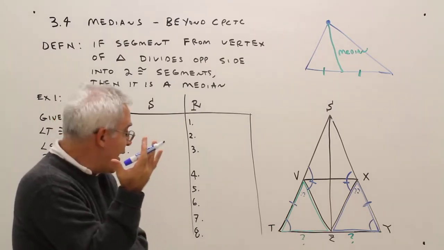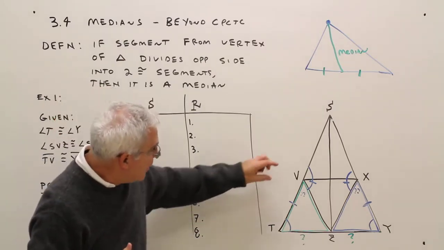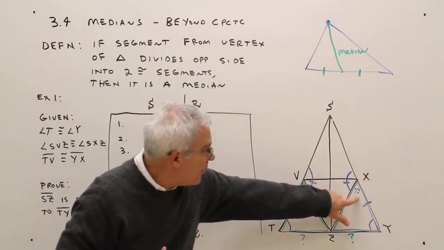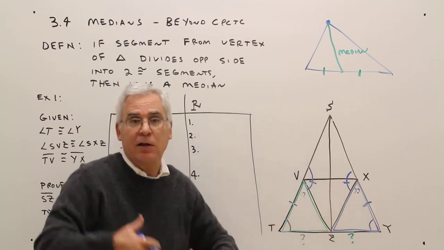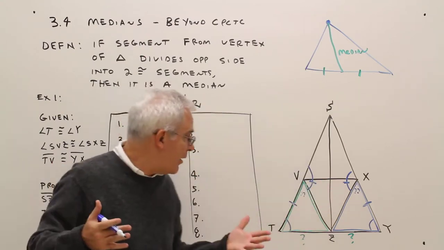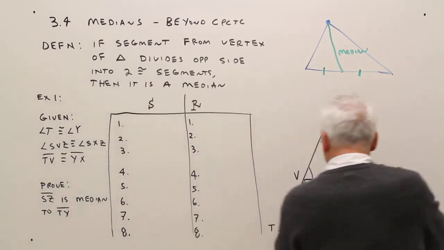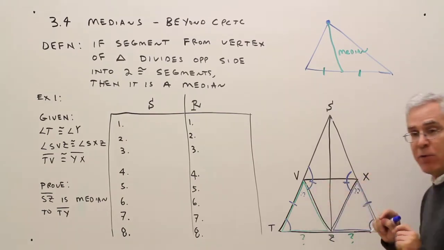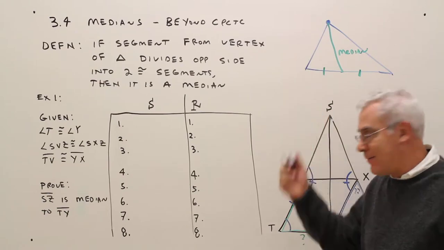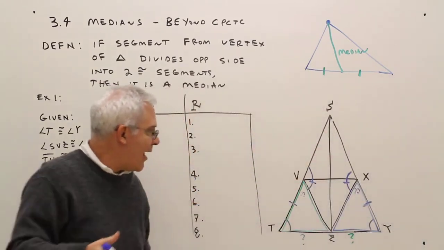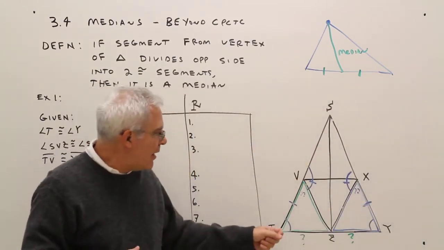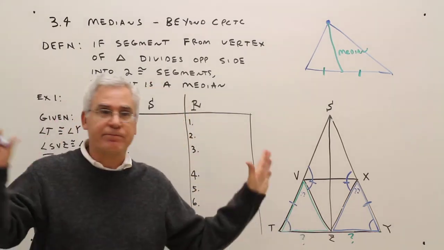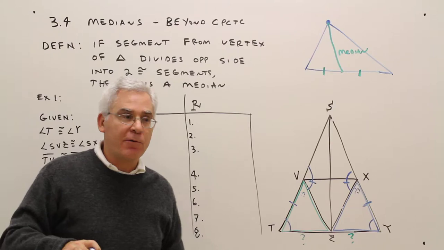Oh, from week 1 of this class. This angle is supplementary to this angle. This angle is supplementary to that angle because they form a straight line or a straight angle. And if angles are supplementary to congruent angles, then those angles are congruent. Okay, so now I've got a game plan. I'll get those triangles to be congruent, then I'll get those parts to be congruent, and then I'll use my definition of median.